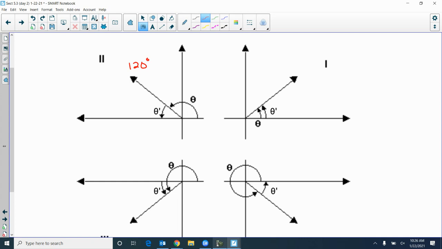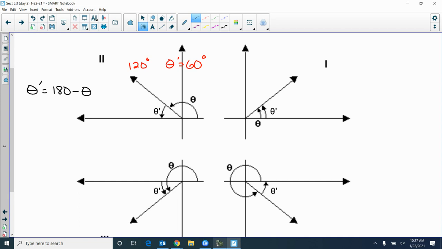It is 60 degrees. So that is theta prime because what do they have to add up to? They have to add up to, in this case, 180. So in general, the rule here is you take 180 minus the original angle.